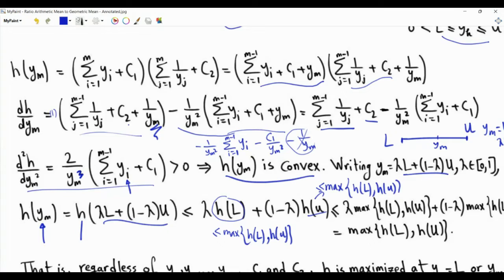So H of ym is less than or equal to the maximum of H of L and H of U.